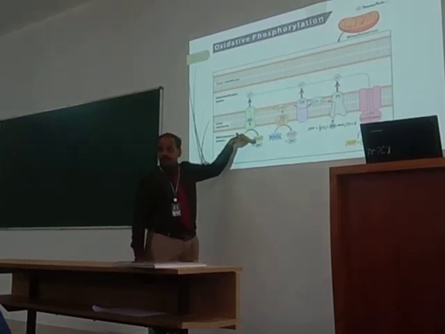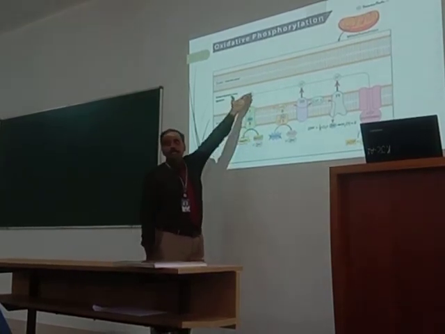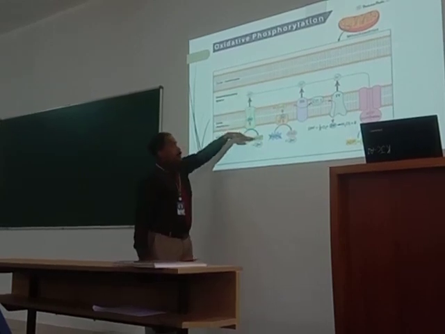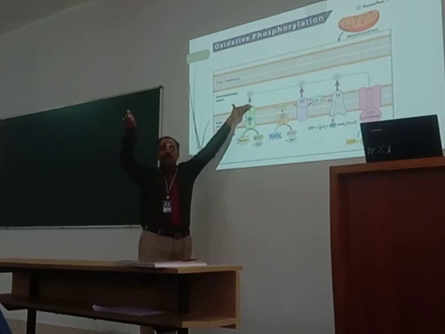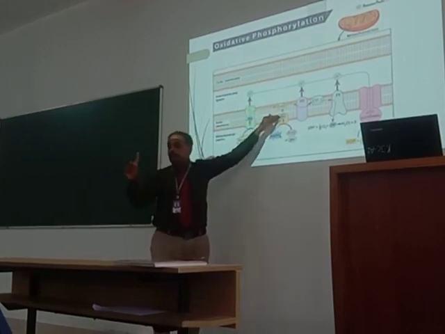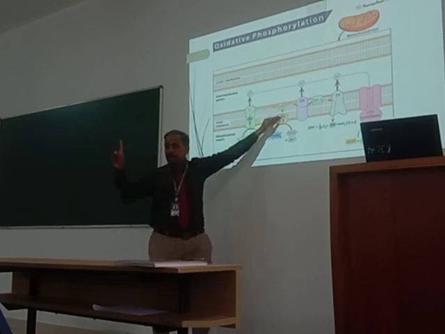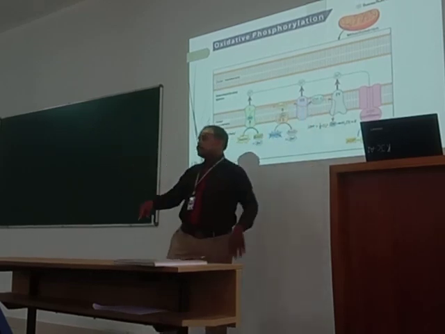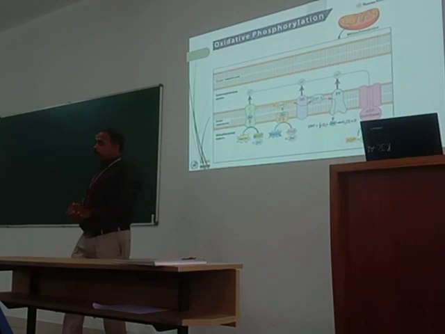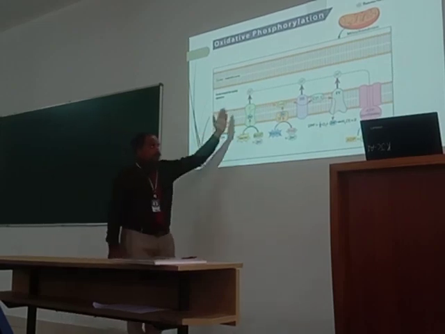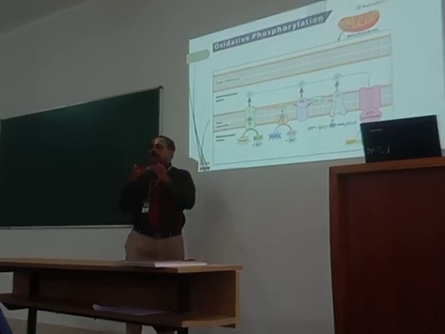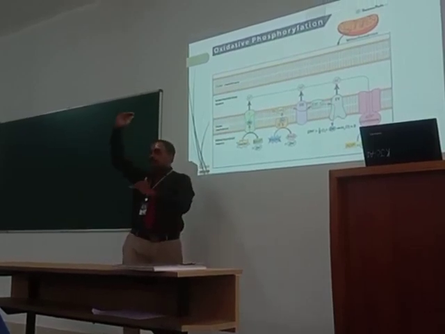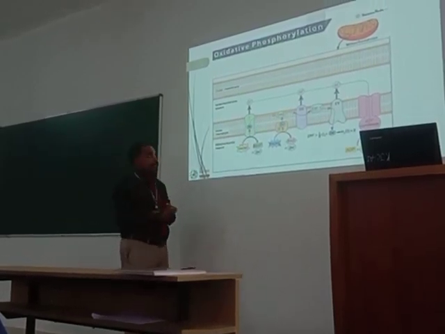Proton transfer from where? From the matrix to the cytosolic side, when it pumps the H plus ion. In complex 1, it serves as a proton pump, whereas complex 2 doesn't serve as a proton pump. That's why there is no ATP formation. Whereas in complex 3 and complex 4, again it serves as a proton pump. That means during the transfer of electrons, it simultaneously pumps the H plus ion from the mitochondrial matrix to the cytosolic side, that is the intermembrane space.